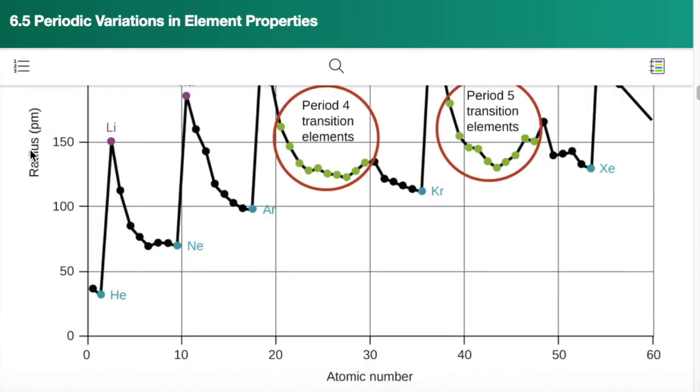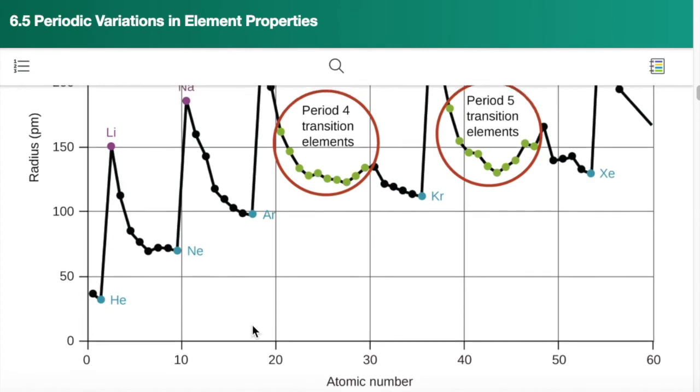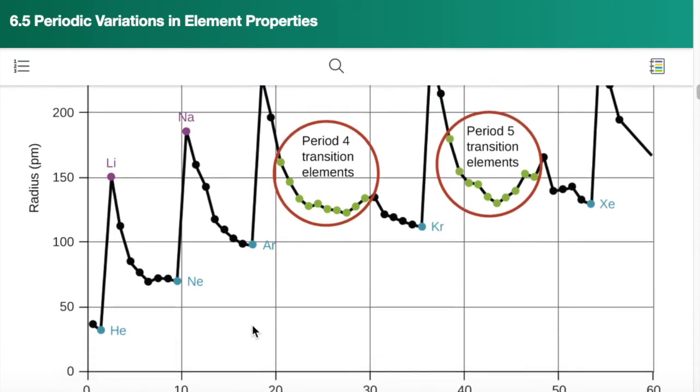Let's take a look at the chart in your textbook of the atomic radii. This chart is just plotting the size of the element in order of atomic number, starting with hydrogen, then helium, then lithium. What we can see here, these elements in blue, helium, neon, argon, krypton, are all the group 18 noble gases. Helium is above neon, neon is right below that, argon is right below neon, krypton is right below argon.